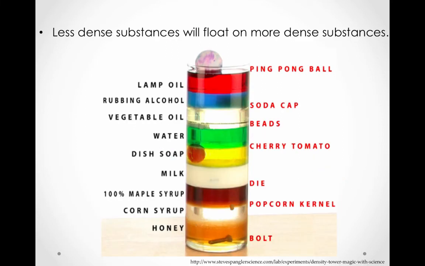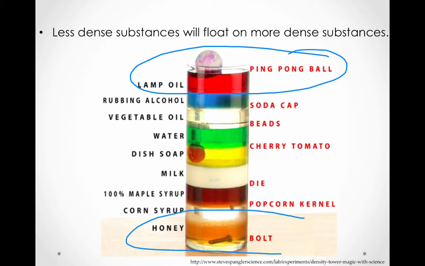As you may have learned in previous science classes, we can qualitatively compare the density of substances by seeing which substances float on others. Less dense substances will float on more dense substances. Here, the least dense substances are at the top, where the most dense substances are at the bottom.